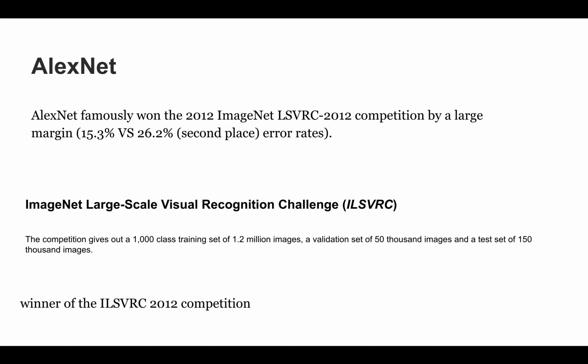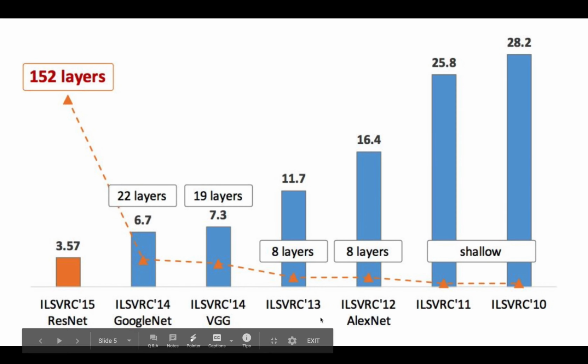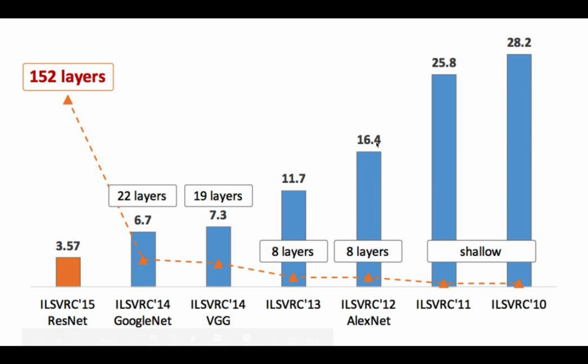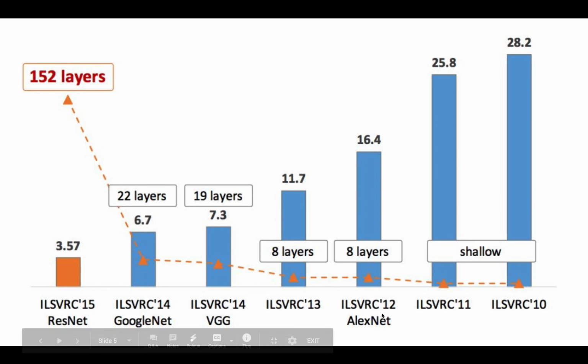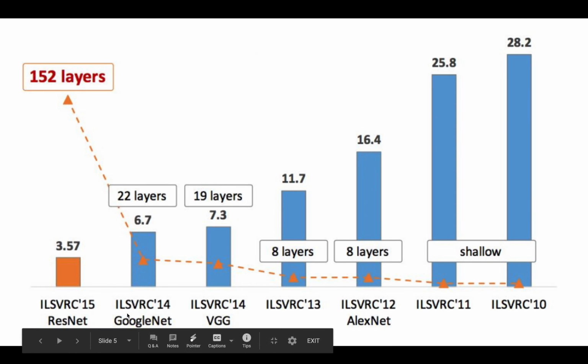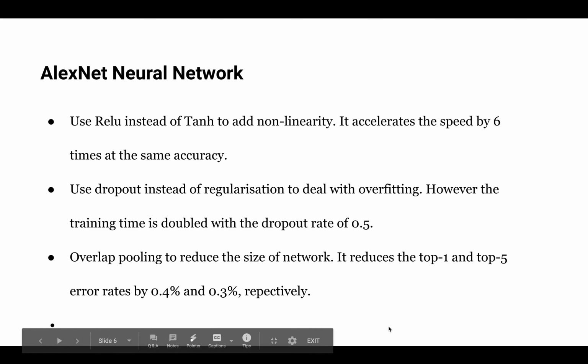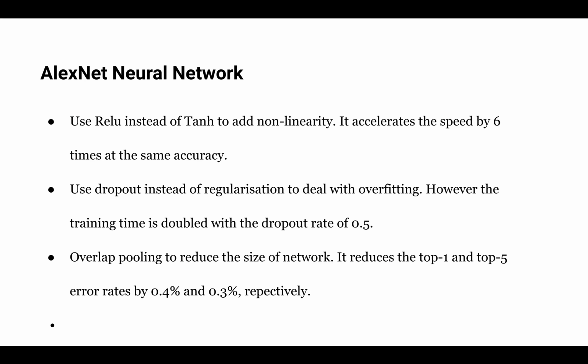It was a big moment in history when AlexNet won the challenge in 2012. The ILSVRC challenge started in 2010; in 2011 the shallow methods decreased the error rate from 25.8 to 16.4, and AlexNet then became very popular. Then other networks came into the picture and decreased the error rate further. We will discuss all of those networks, but first AlexNet.